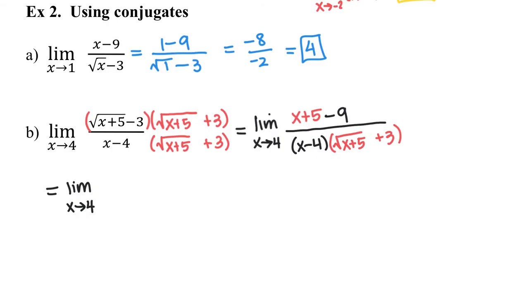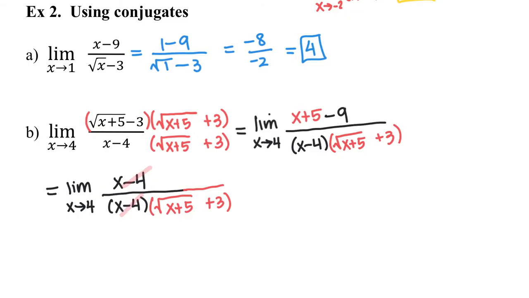So what am I left with? x minus 4 in the numerator. The denominator, I'm going to leave the way it is. Okay, now that I've done this and I've multiplied it out, I see that I can cancel the x minus 4's.